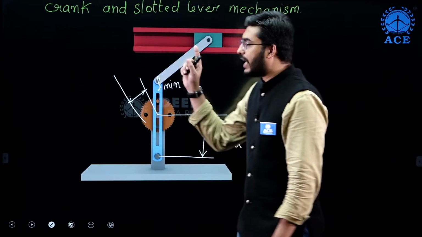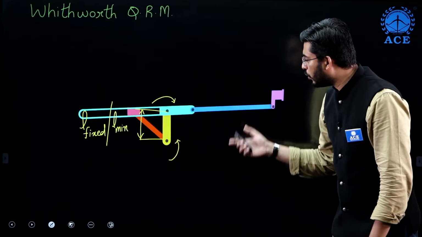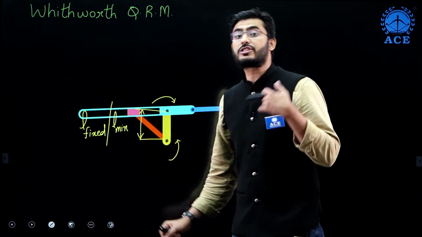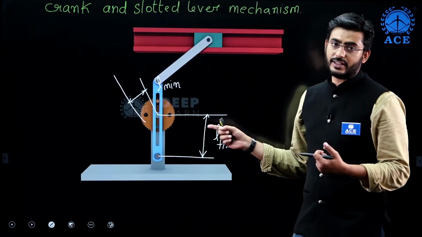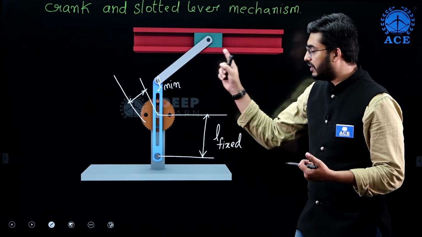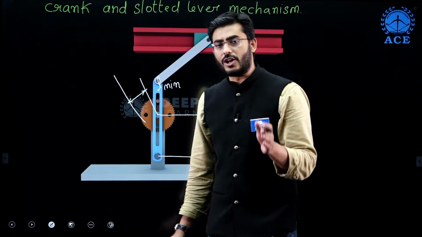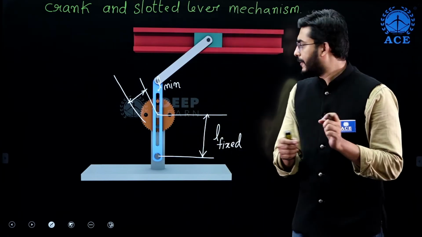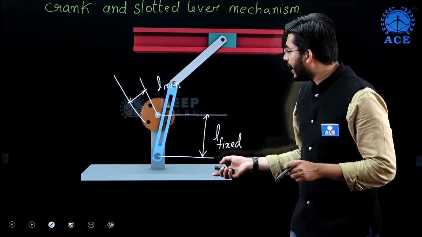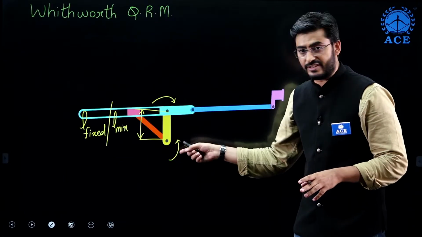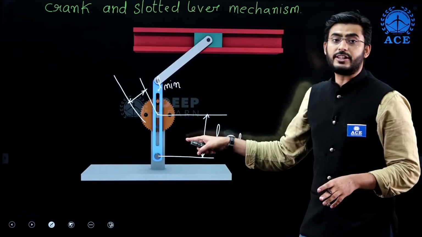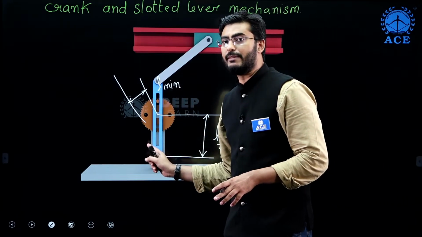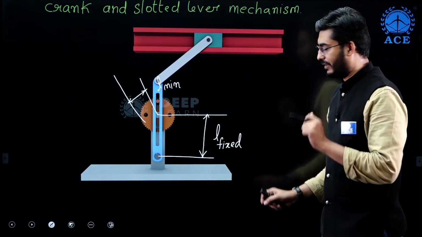The difference between the crank slotted lever mechanism and the Whitworth mechanism is that the slotted bar in the Whitworth undergoes circular motion, whereas in the crank slotted lever mechanism, the slotted bar completes oscillatory motion. That is the first important point. In the Whitworth mechanism you are fixing L minimum, whereas in the crank slotted lever the link adjacent to L minimum is fixed. Do remember that.